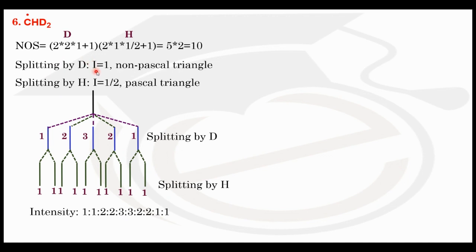So this is the intensity we are getting. First split by deuterium, then by hydrogen. The higher I value will split first, and here I is 1/2 for hydrogen. For deuterium I equal to 1, so it will follow non-Pascal triangle. For hydrogen the I value is 1/2, so it will follow Pascal triangle.